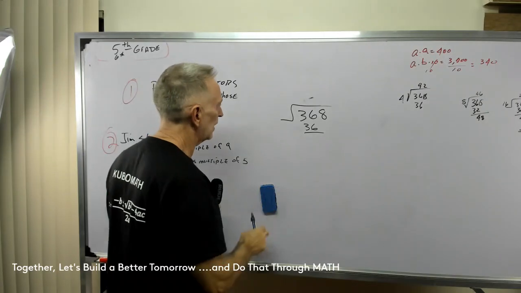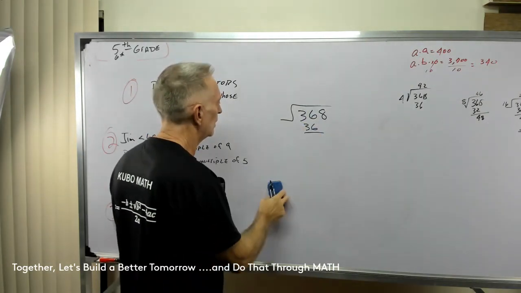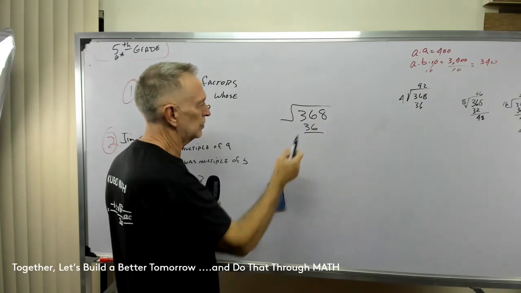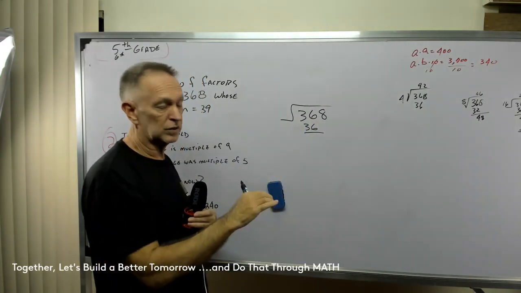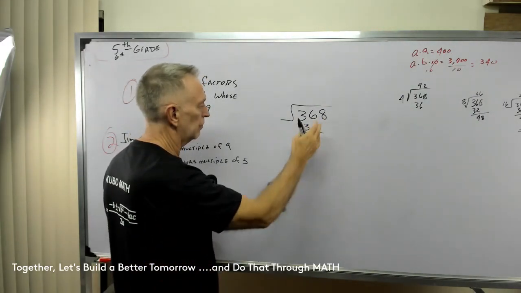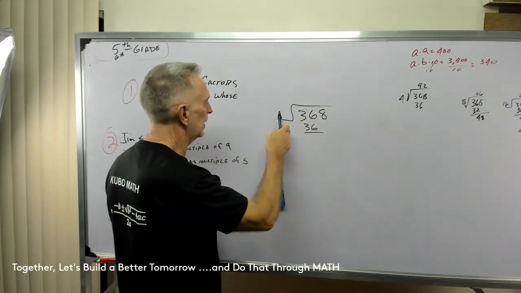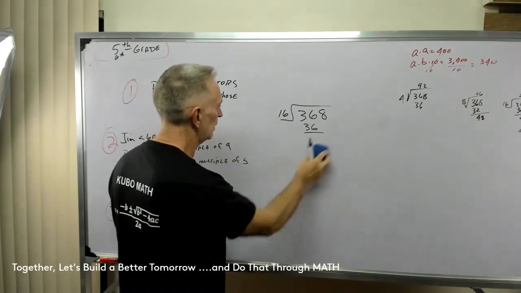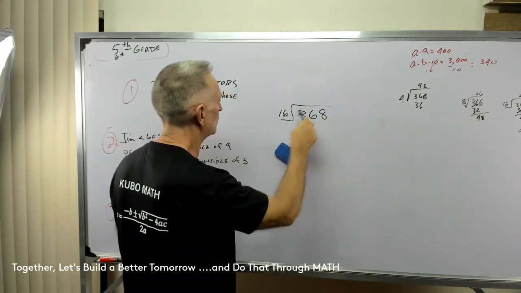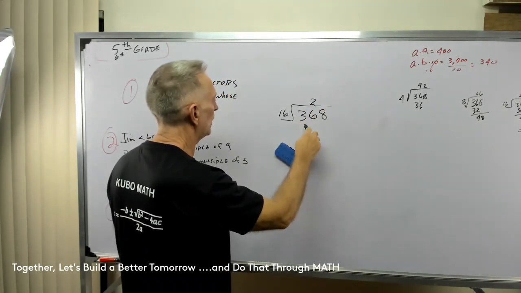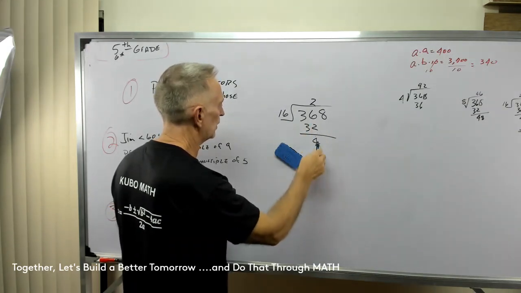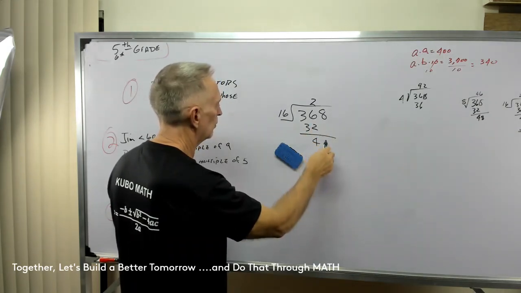So let me jump up. It can't be 15 because this is not a 5 or a 0, it's not a multiple of 5. So let me try 16. 16 times 2 would be 32, and that 2 from 6 leaves me 4, 48.